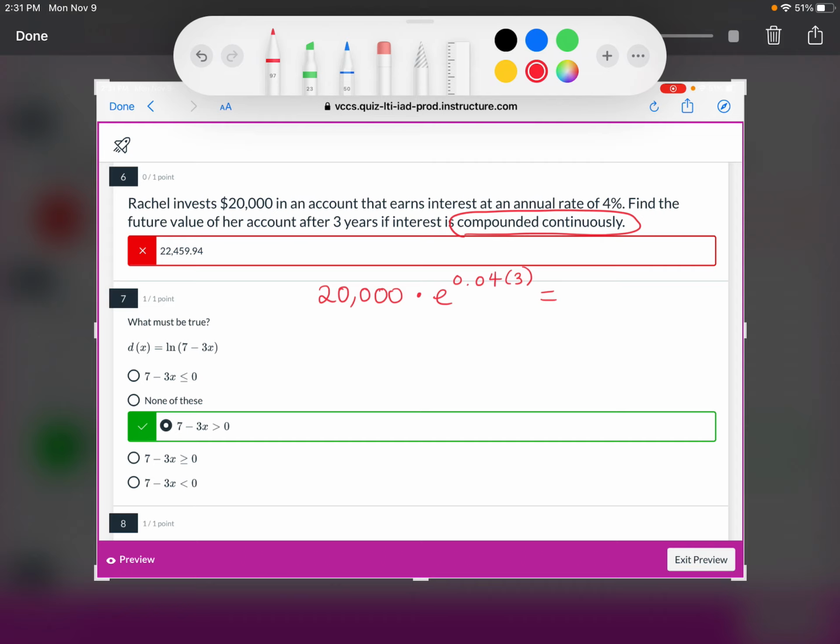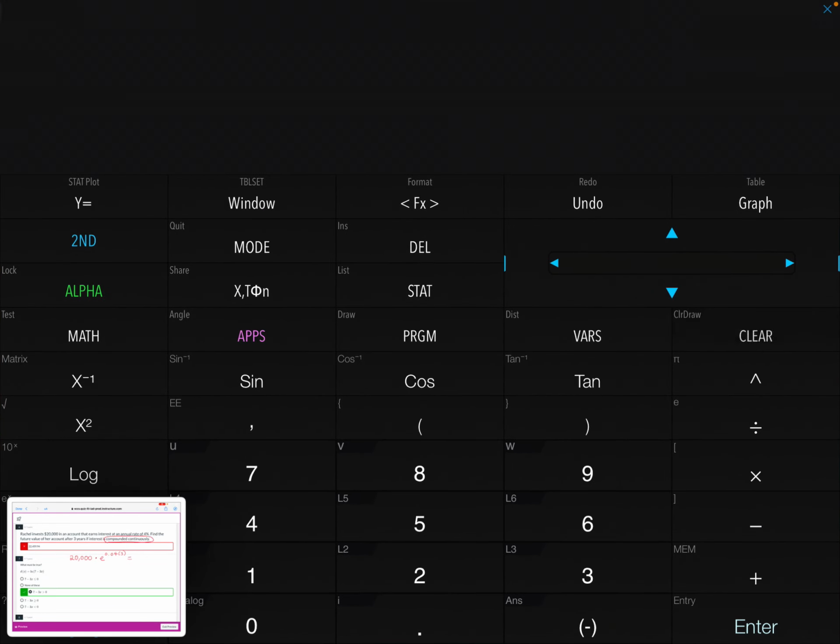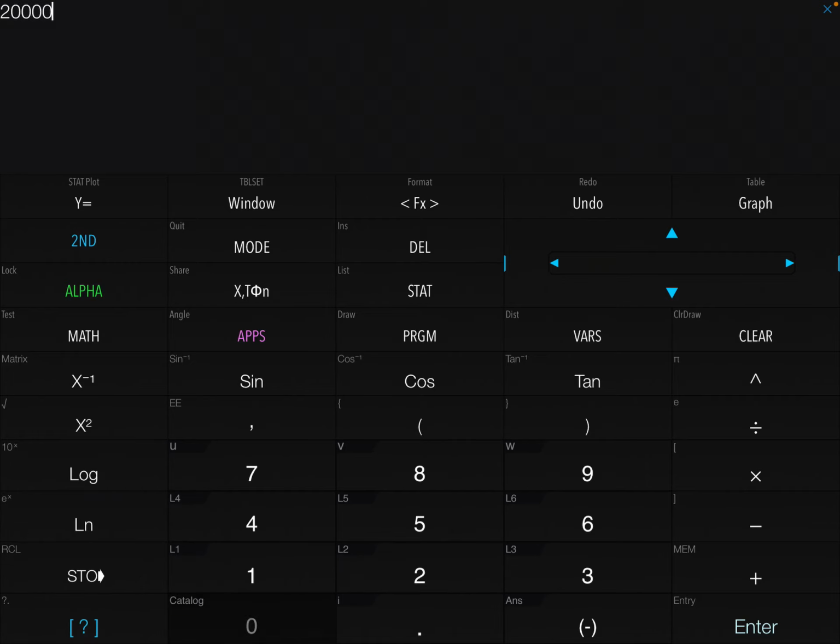Okay, I wonder if there's a way for me to open up, what's it called, guys? Two screens, like a split screen in my iPad, so that I can keep this work. But I'm probably just going to have to go old-fashioned again and take a picture of this and jump over to my scientific calculator, because I don't know what I did wrong. All right. And the work is 20,000 times e to the.